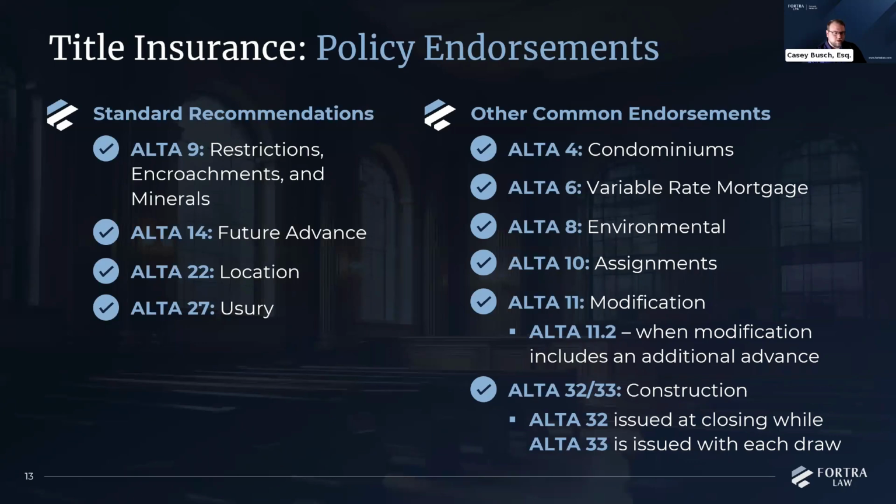And then usury, the Alta 27. This one, like Lainey was hinting at earlier, you have usury caps on your loans, the most interest that you can charge. Well, this will give you coverage for the actual deed of trust if the usury issue does arise. Now, we're reviewing for compliance with usury, so generally we'll let you know if your loan is going to be usurious.